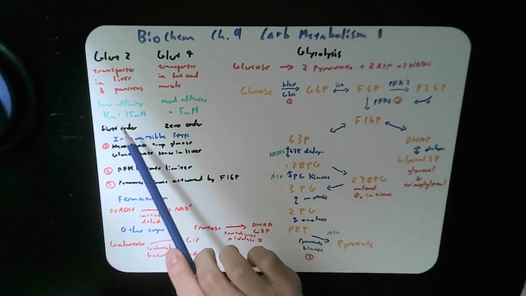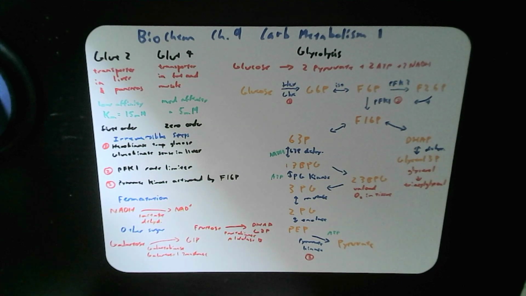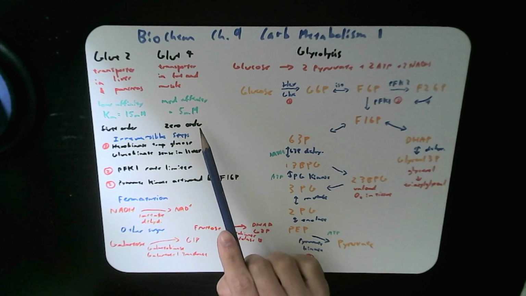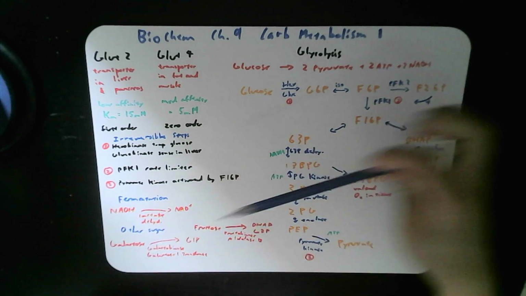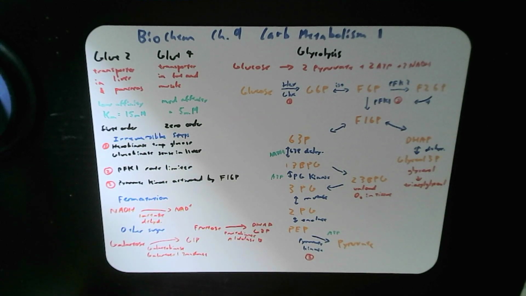GLUT2 follows first order kinetics, whereas GLUT4 is zero order. So GLUT4 is just a linear progression, whereas for GLUT2 you need a lot more concentration of glucose to detect it efficiently.